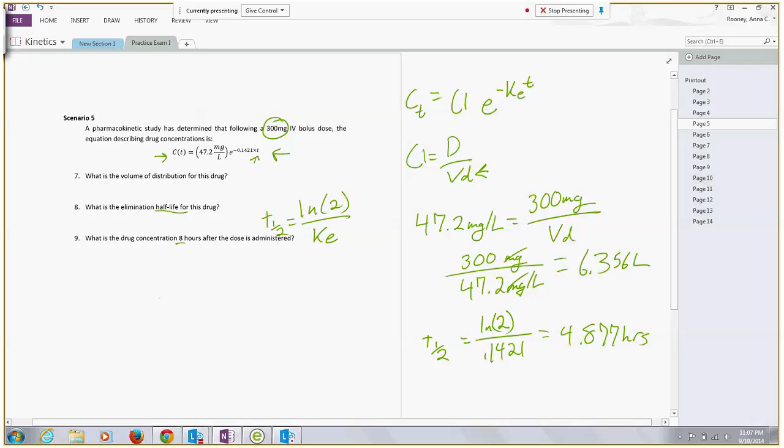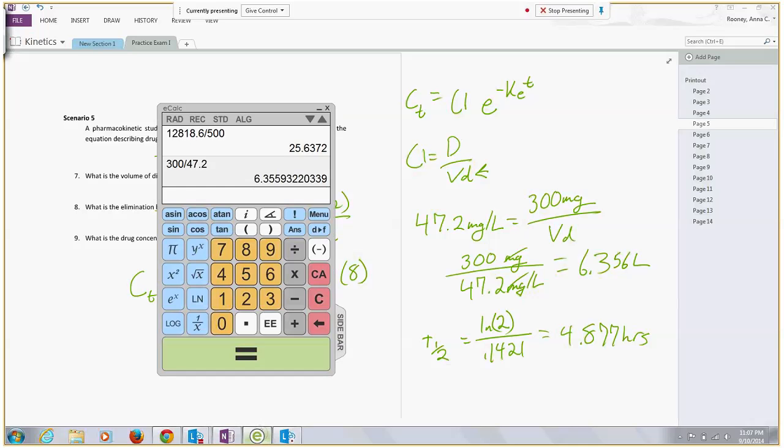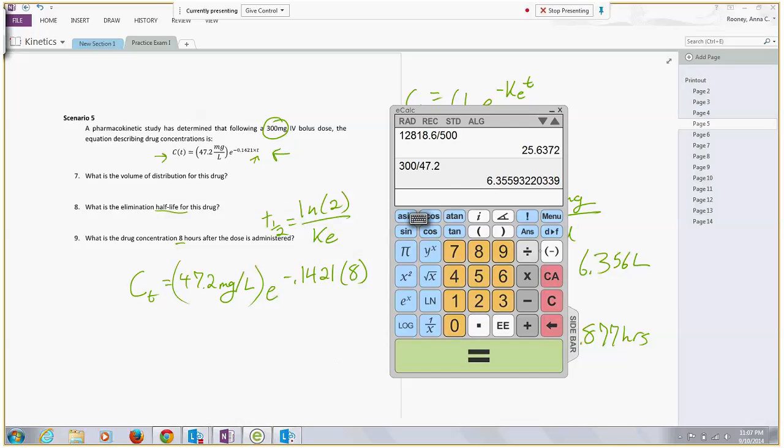So C of t equals 47.2 milligrams per liter, in parentheses, times e to the negative 0.1421 times 8. Let me plug that into my calculator.